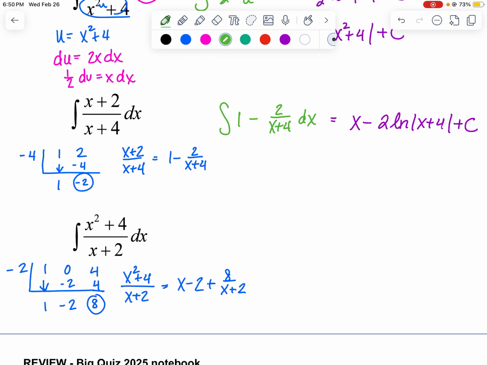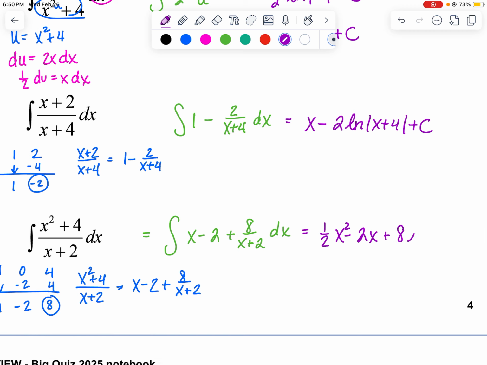So again, this just allows us to rewrite our integral as x minus 2 plus 8 over x plus 2 dx. So the integral of that, then each piece, the integral of x is 1/2 x squared minus 2x plus 8 natural log absolute value x plus 2 plus c.